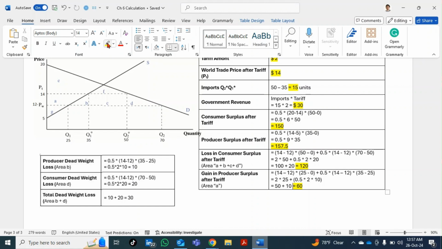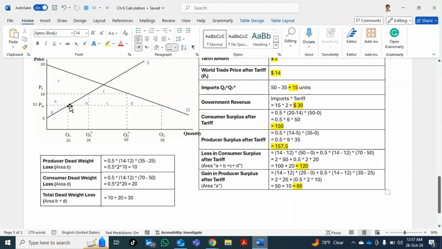And if we have to calculate the deadweight loss, the area B, that is representing a deadweight loss for producers, that is also called efficiency loss. So how will we calculate the efficiency loss? Again, this is a triangle, so we have to calculate half of the area.